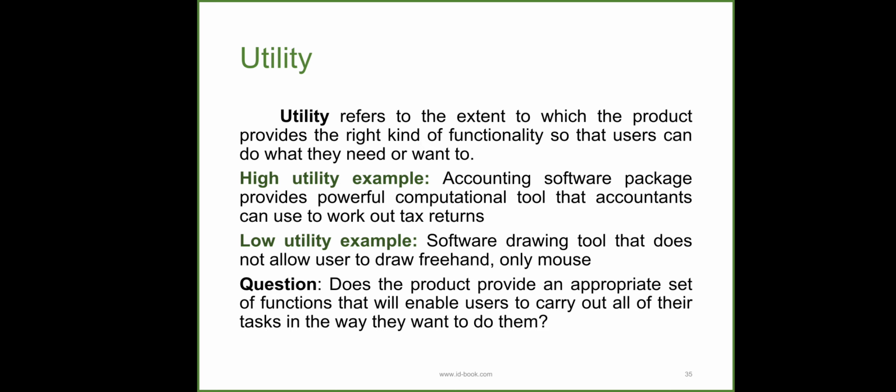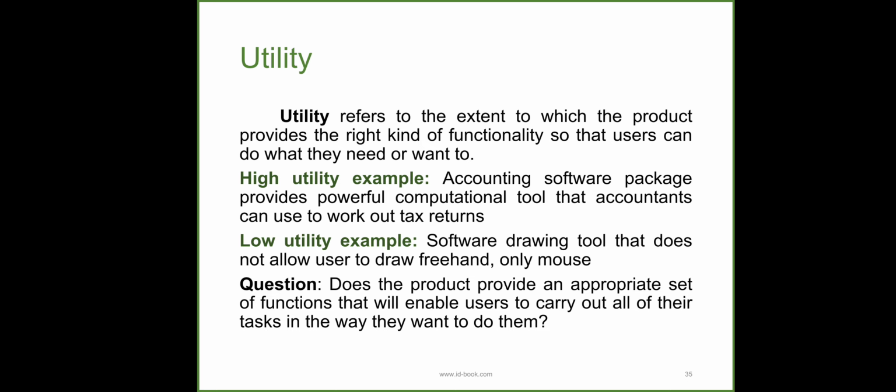For low utility, we have a software drawing tool that does not allow users to draw freehand but forces them to use a mouse to create drawings using only polygon shapes. So low utility tools are like those that cannot be used freehand, but nowadays you can use a pen, for tablets there are pens.